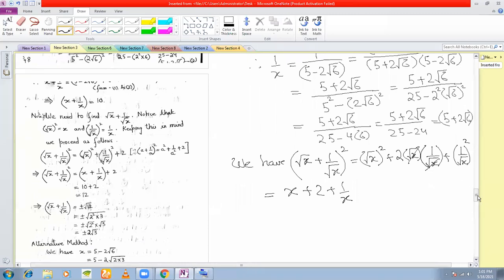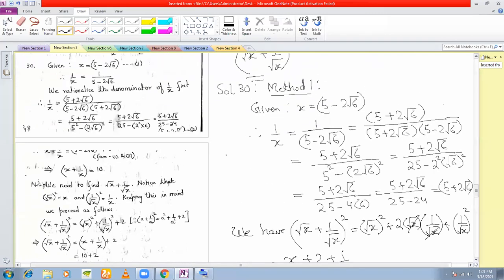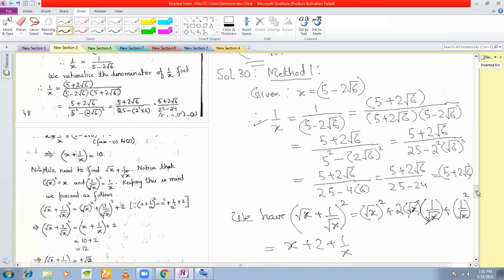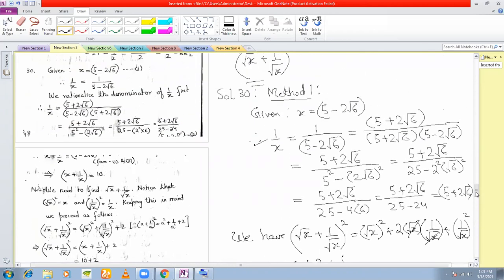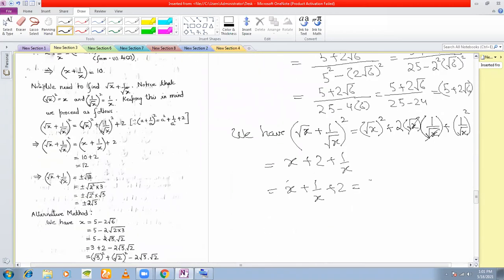That is why I had found out the value of 1 by x. We'll use this value now. We'll take x plus 1 by x plus 2. Now we'll put in the values. The value of x given to us is 5 minus 2 root 6.